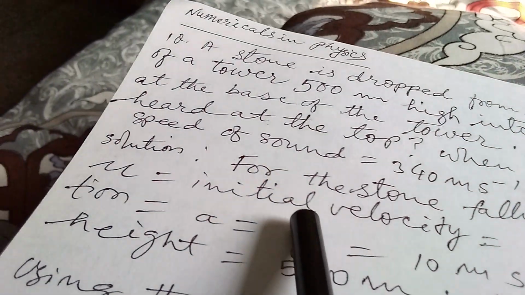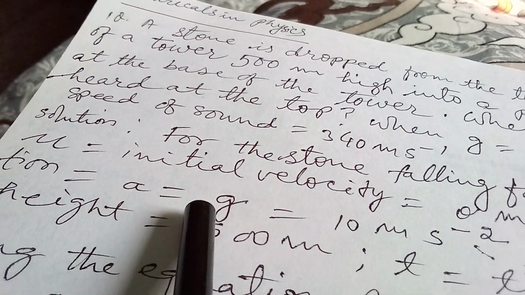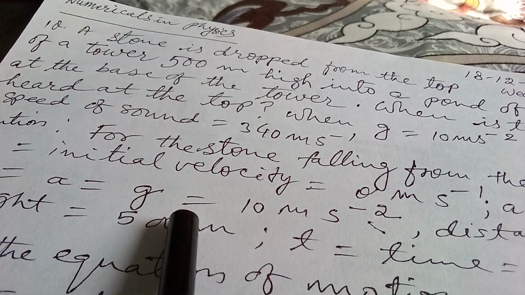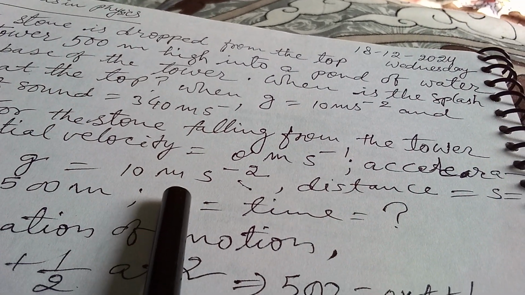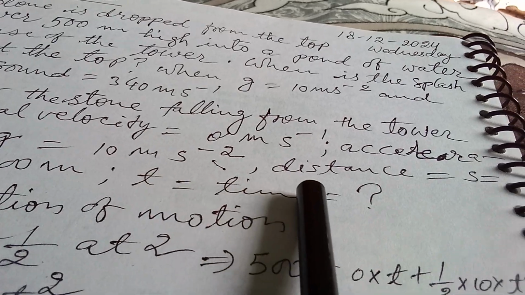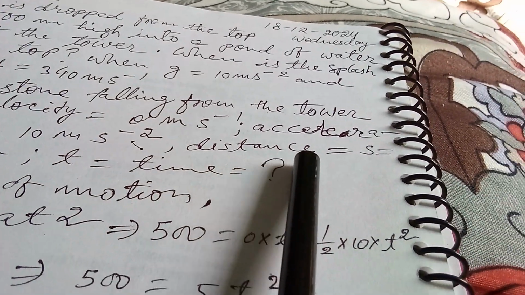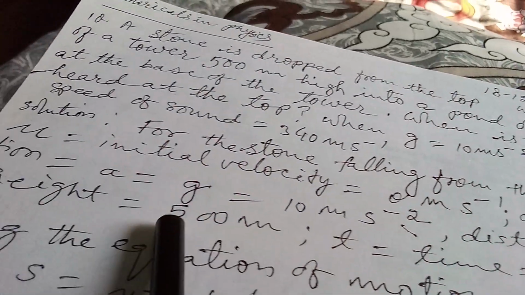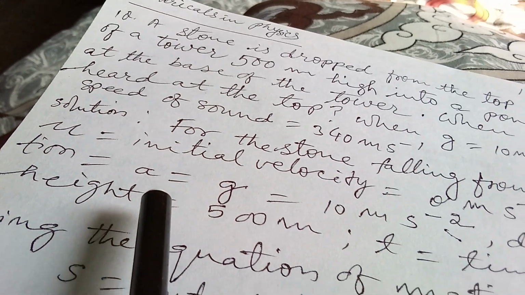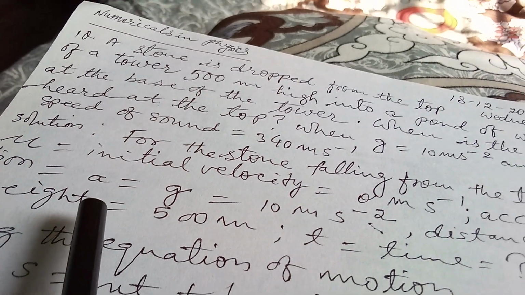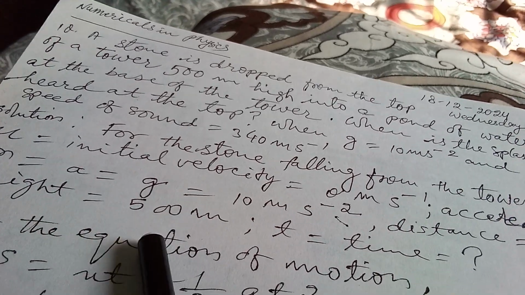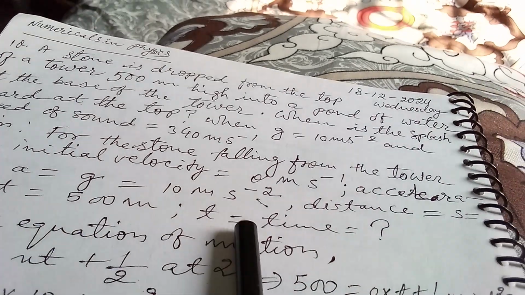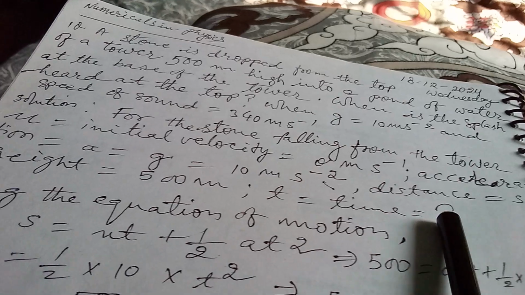Acceleration, a, is equal to g, because it is falling, so it will be acceleration due to gravity, and that is equal to 10 meter per second square, it is given, and distance s equals height, because it is situated from the ground level upper state, so that is 500 meter, and time t is what we have to calculate.